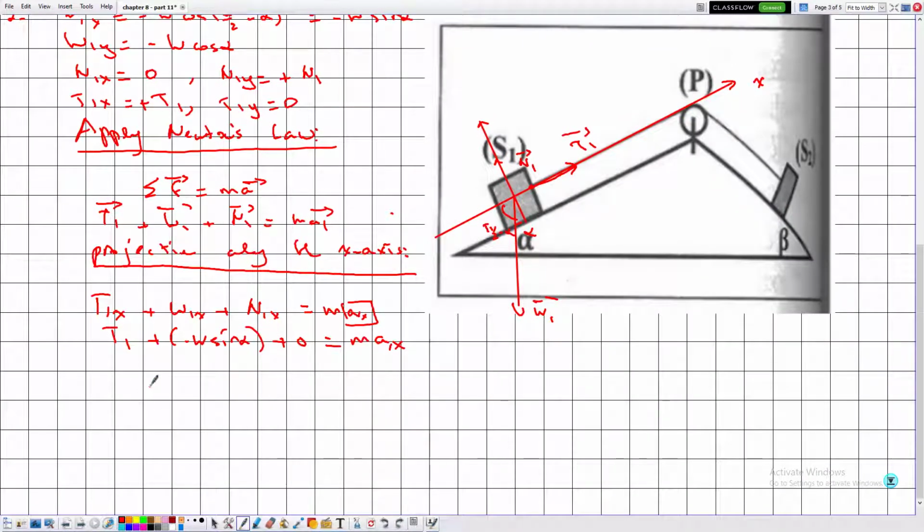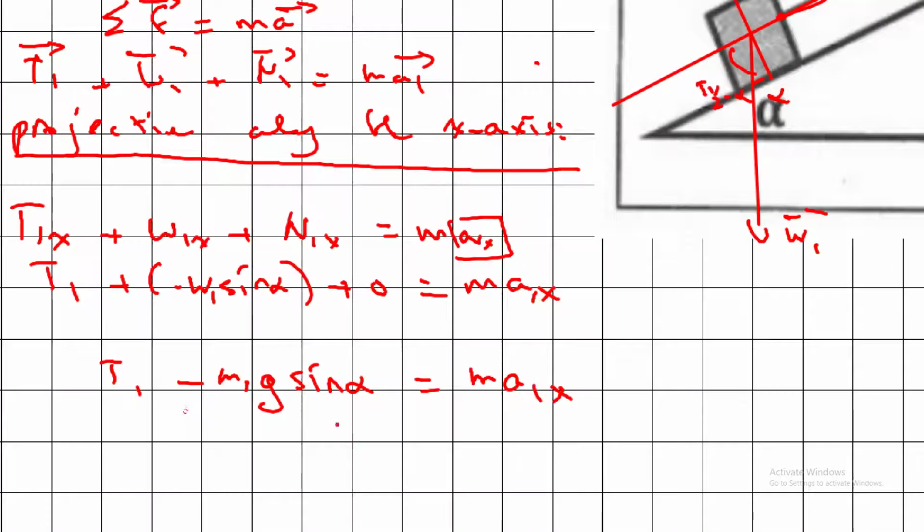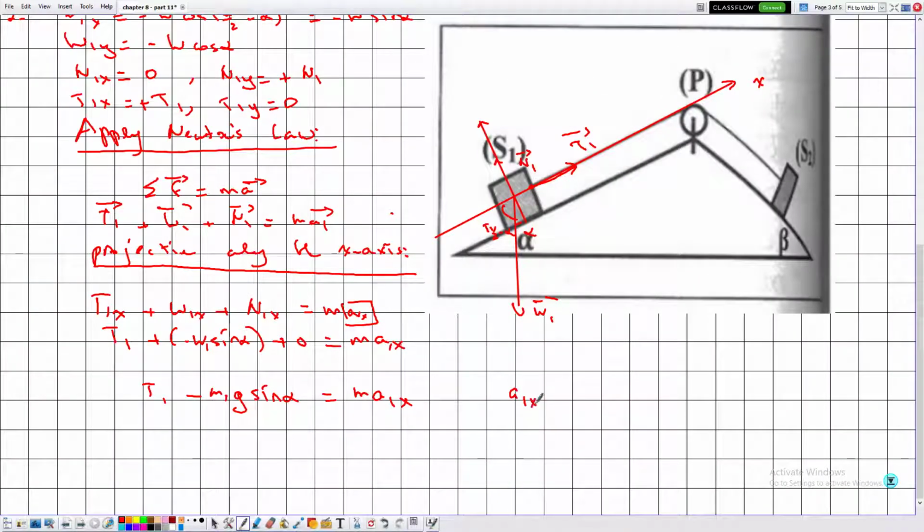So T1, then W1 can be written as M1 G sine alpha, which is equal to M A1x. Now flipping these quantities and dividing by M, we get that A1x is equal to T1 minus M1 G sine alpha divided by the mass M1.